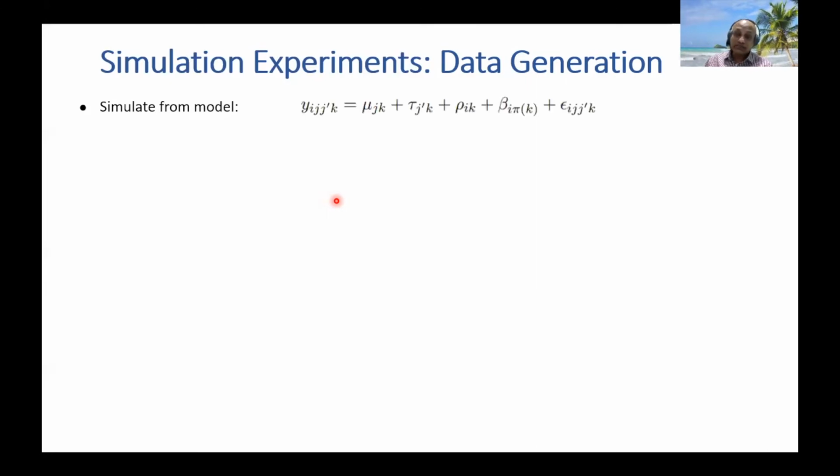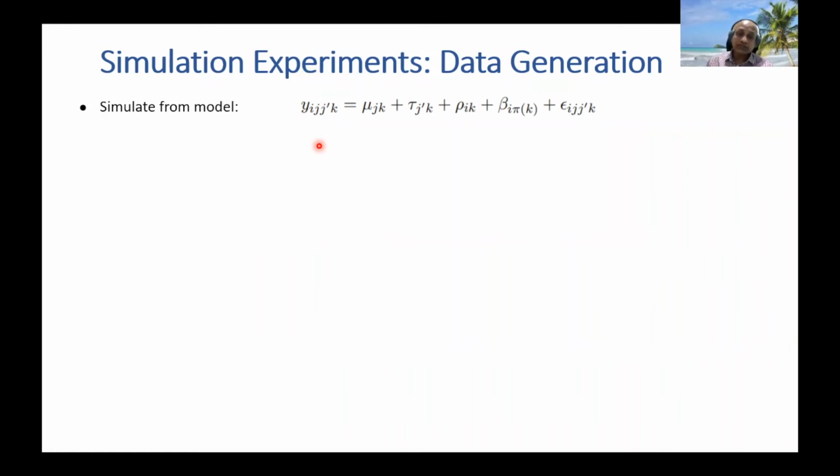Here, in this model, the suffixes i, j, k denote respectively the ith panelist, jth product leg in the current period, and kth question. There's a rating of that. On the other hand, j prime is the product leg used in the previous period.